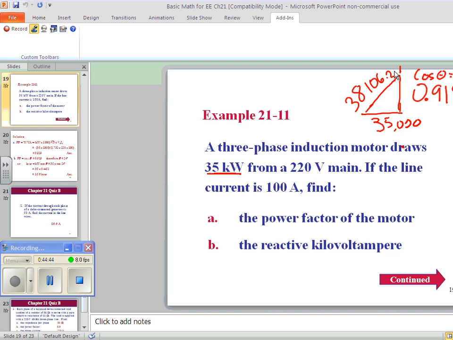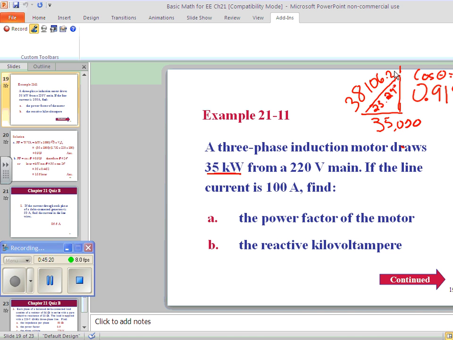Our angle's 23.29 degrees. If that's the cosine, then to find the angle you just put second function cosine and put in the cosine that you know, and it'll tell you the angle. Okay? So the power factor of the motor is 91.84%.